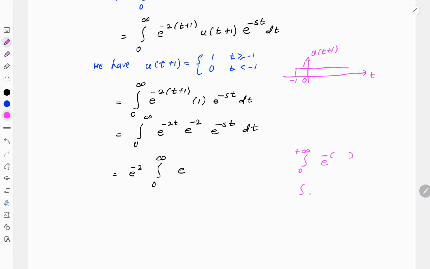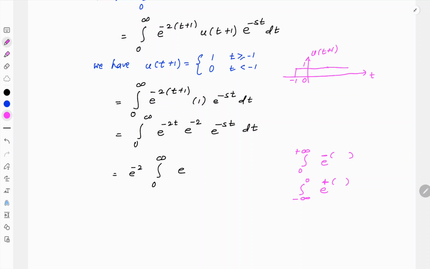And whenever you have integration from minus infinity to 0, that is, if you have minus infinity in the limits of integration, in that case take e to the power plus term common. So always follow this rule.